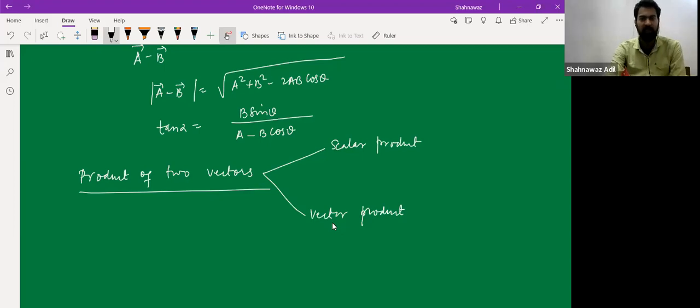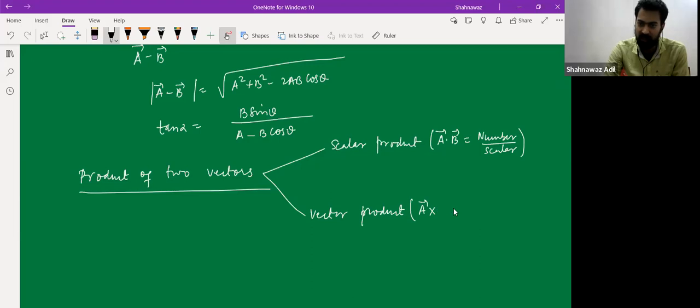In the scalar product, as the name suggests, when you multiply two vectors and the resultant is some number, some scalar, then that is called the scalar product. And when you multiply two vectors and you get a vector, then that is a vector product.